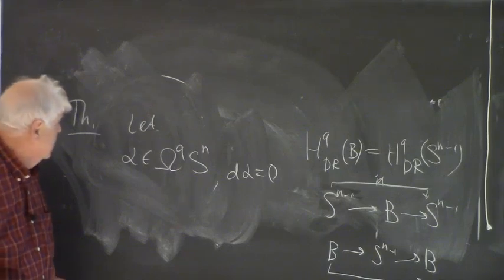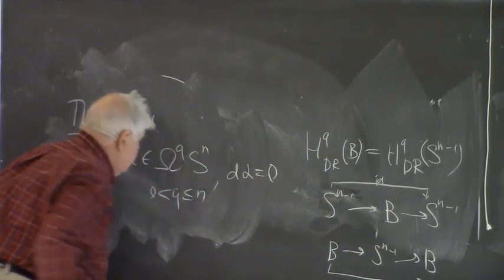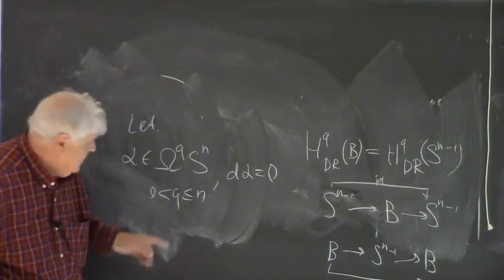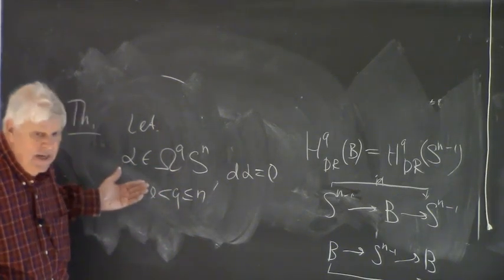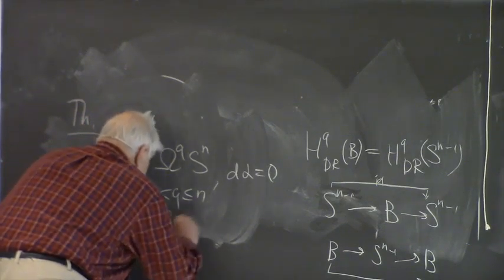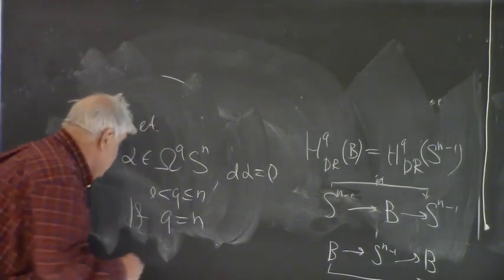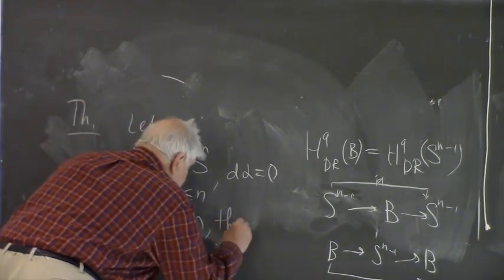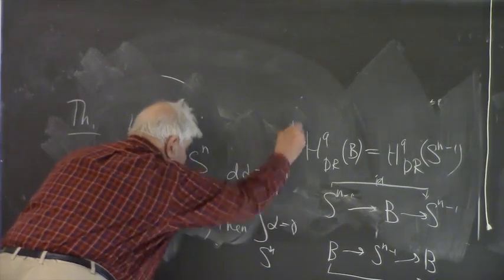I suppose this q, I don't consider the case of 0 because everything clearly is the case, but q between 0 and n. And additionally, I want to suppose that if q is equal to n, so this assumption means nothing if q is not equal to n, then the integral over S^n of alpha is 0.